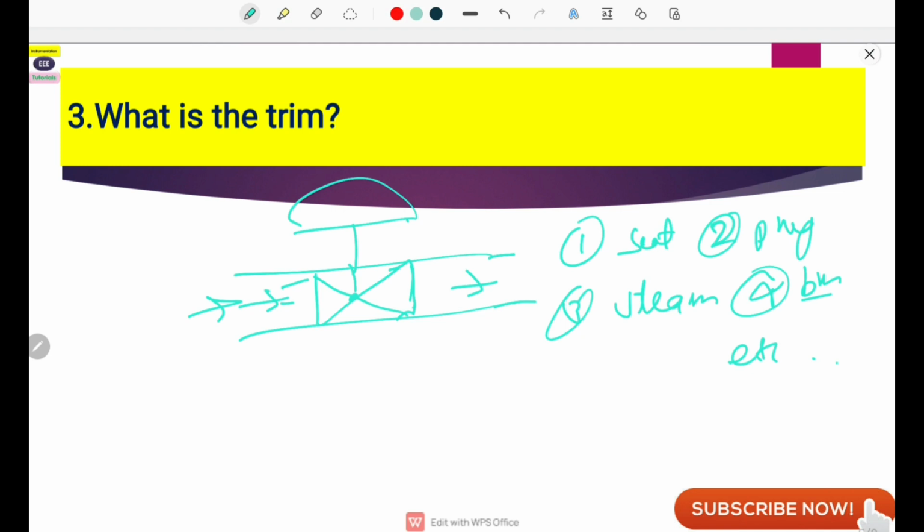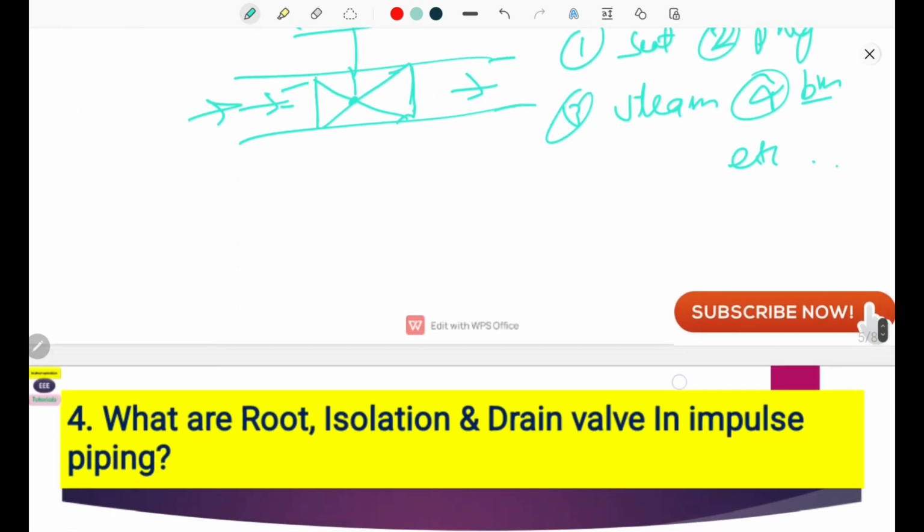But some authors also include some other parts, so they also define trim in other ways, so they include all other items also in the trim.